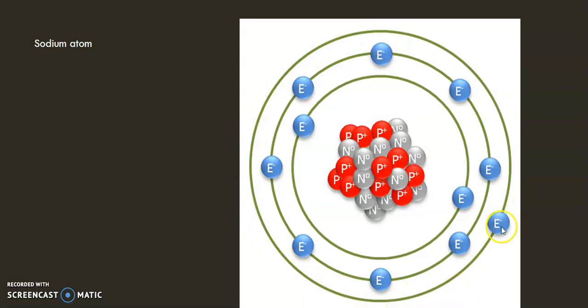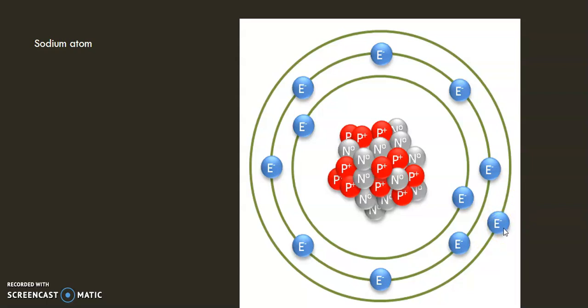And remember that sodium wants to find another atom to react with in order to get 8 electrons in its outermost electron shell. So it's not feeling very chemically stable at this point.